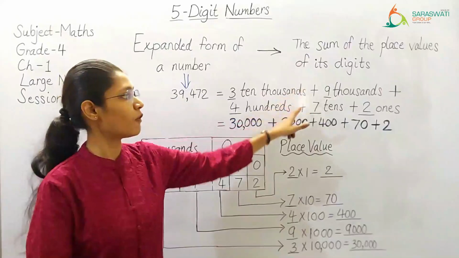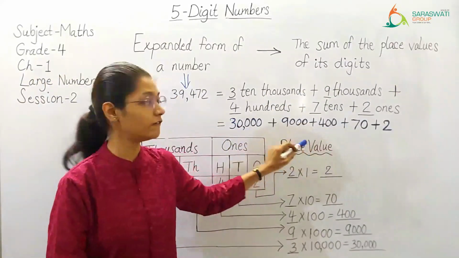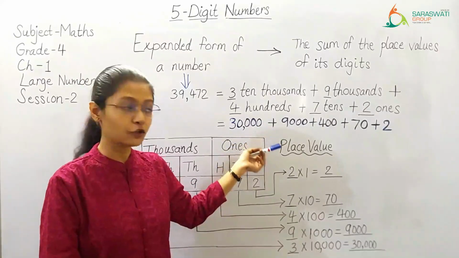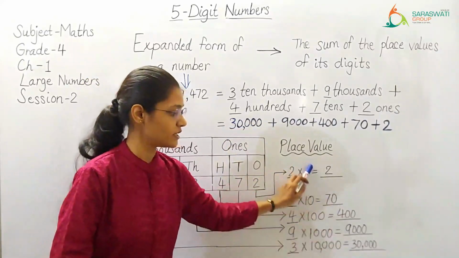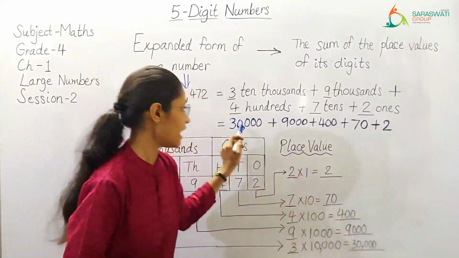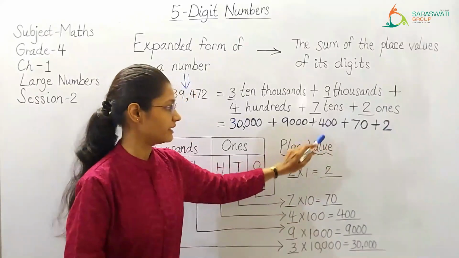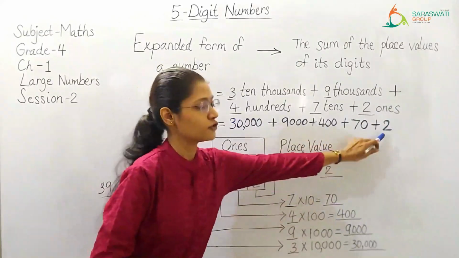So this is the expanded form in words, and this is the expanded form in the form of sum of figures or the numerals. The place values we have already noted down over here. So the expanded form will be 30,000 add 9,000 add 400 add 70 add 2.